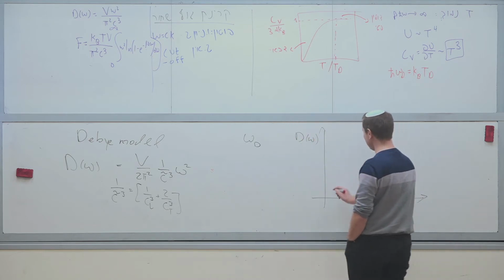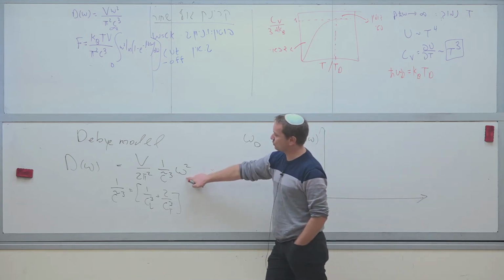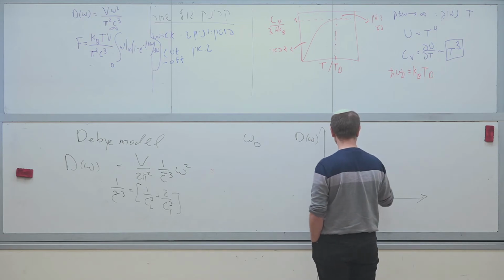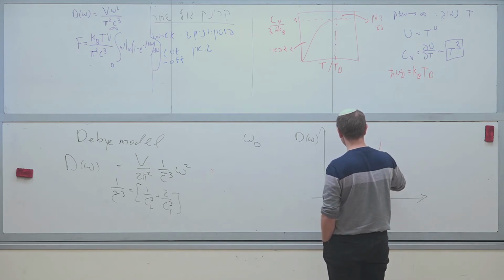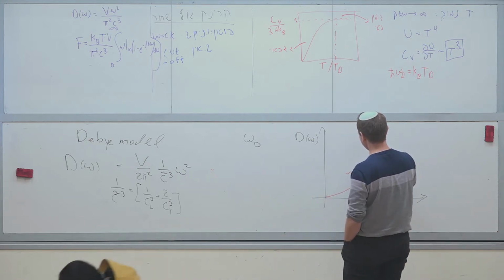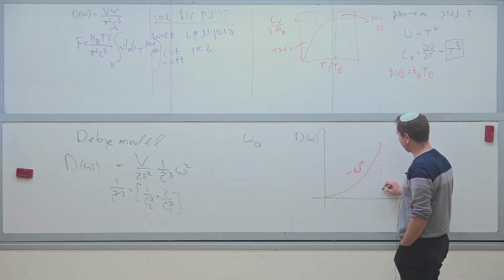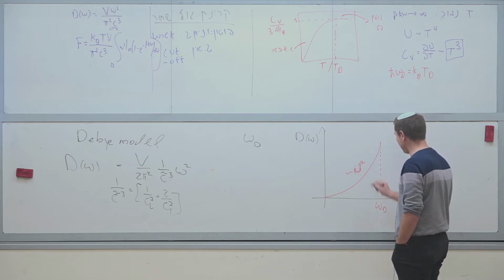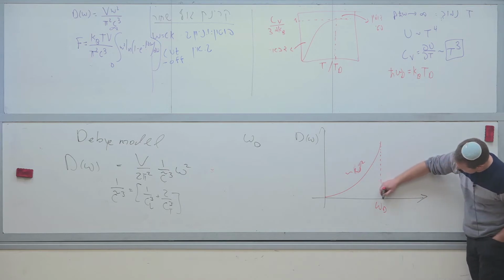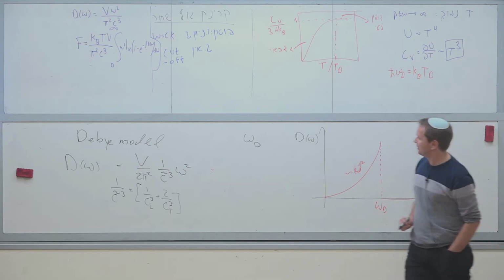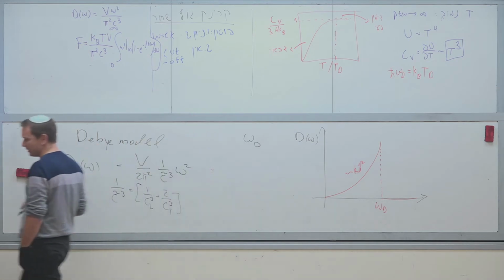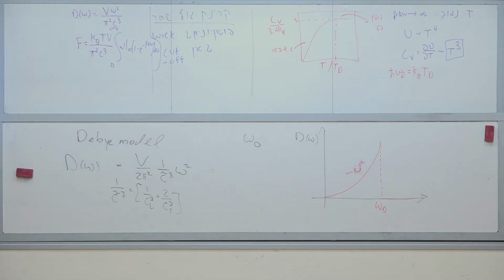So D of omega goes as omega squared up to this specific cutoff that happens at omega Debye, and it's 0 afterwards. So this is the density of states.